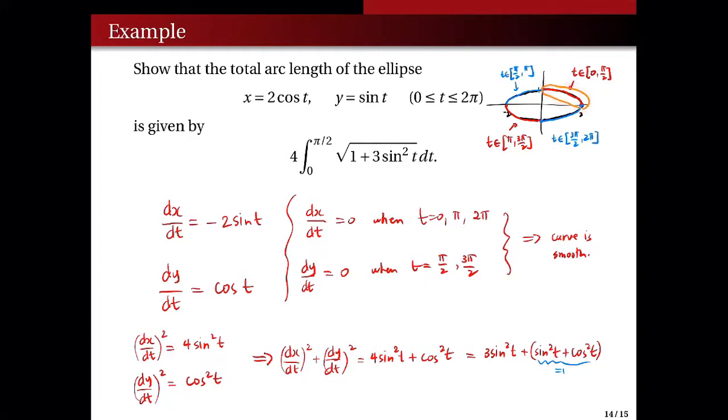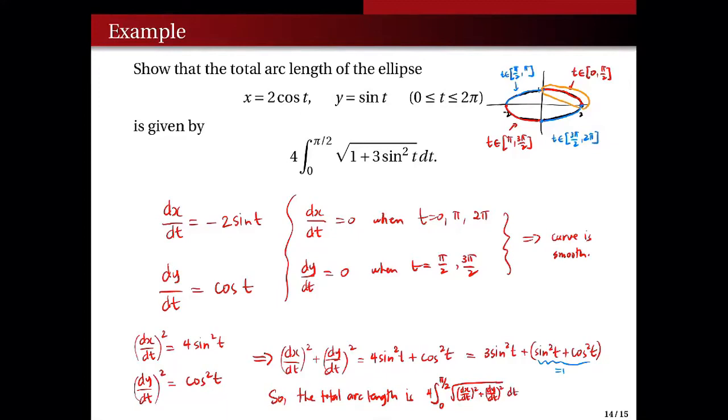So the total arc length is the integral, and I said multiply it by 4, but we'll just integrate from 0 up to pi over 2 of the square root of dx over dt squared plus dy over dt squared, and then the dt there.